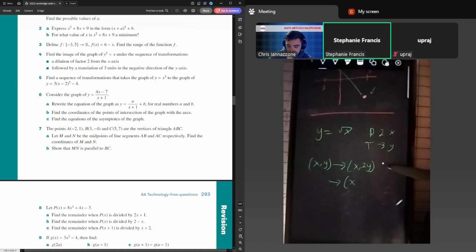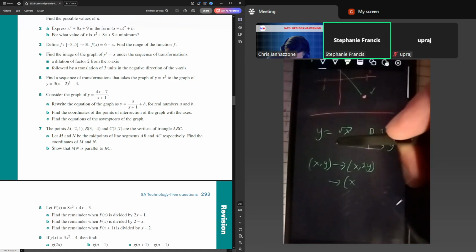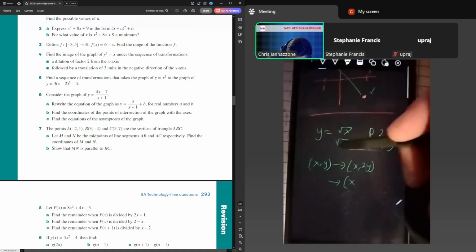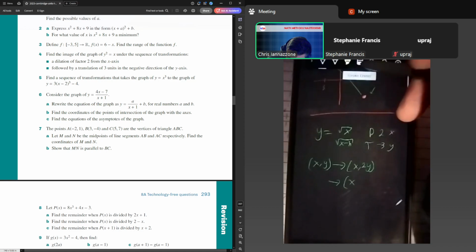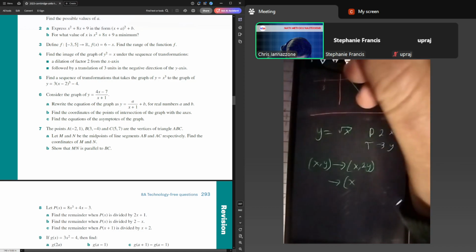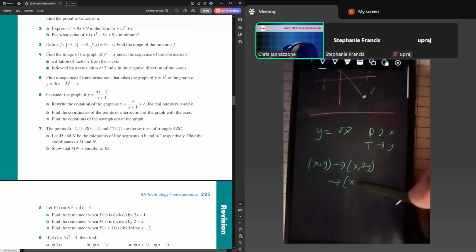Okay, so this is the challenge between doing the mapping version versus doing the by recognition version. Because when we think about translations, or specifically horizontal translations, we always think of them as opposites. So like minus is right and plus is left. When it's mapping specifically, you go back to what's intuitive. So if we say -3 in the y direction, we literally mean subtract 3 on the y.